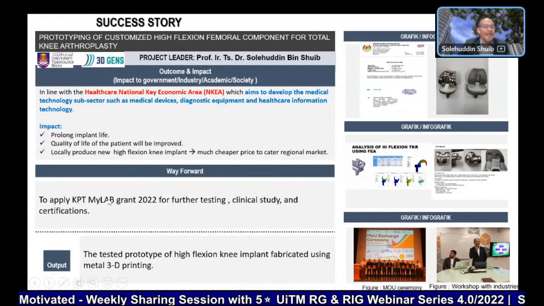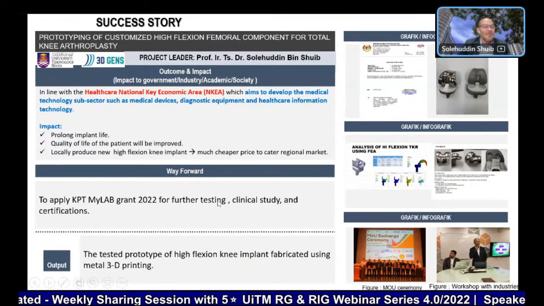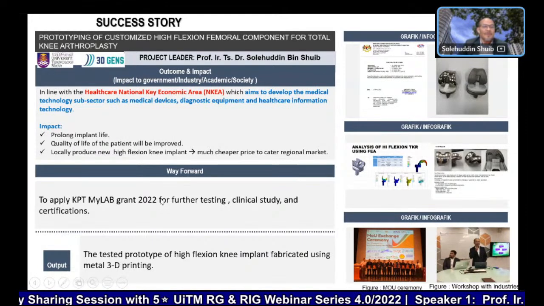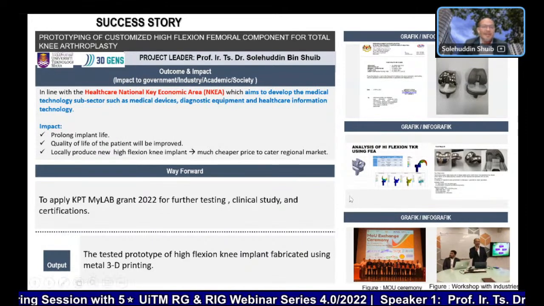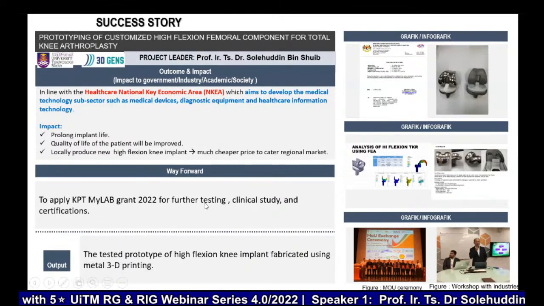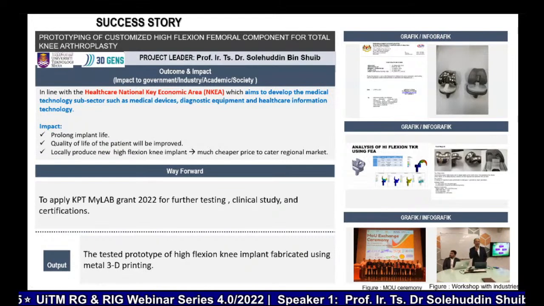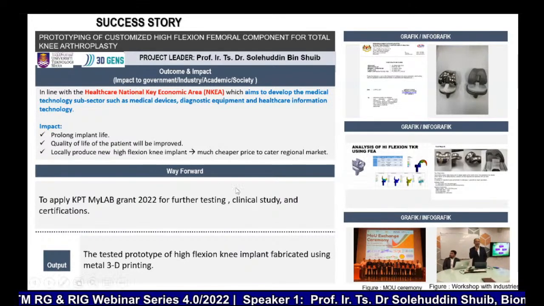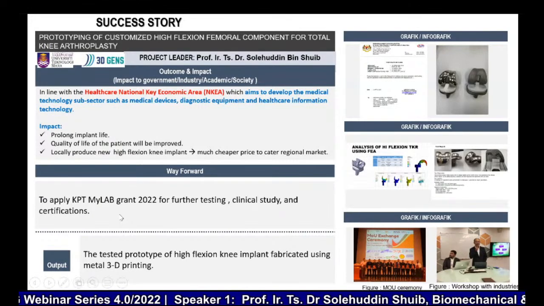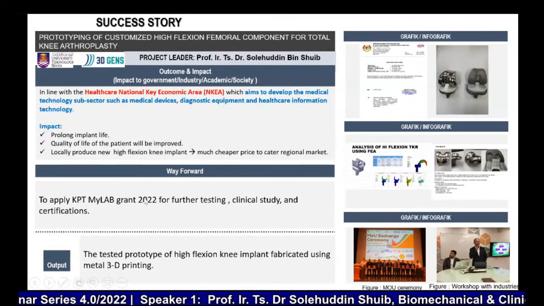Our way forward right now is to apply for a grant for further testing, for certification, and also to do testing using cadaver, and also to install it in a patient.